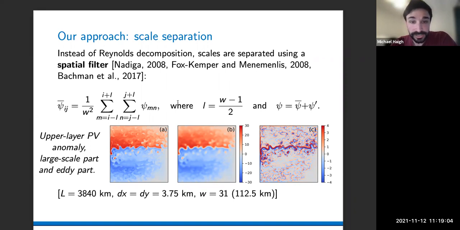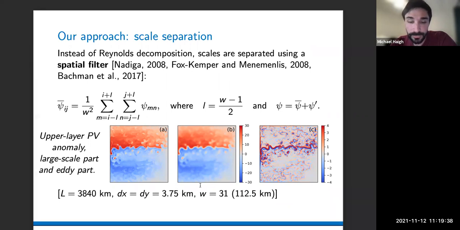The single parameter of a square spatial filter is its width. For reference, we take the width of this spatial filter to be 112.5 kilometers. Just to provide a bit of context, that is approximately 3 times the first baroclinic Rossby deformation radius in an ocean which has a side length of 3,840 kilometers, representative of, say, the North Atlantic Ocean, and a grid resolution of 3.75 kilometers.